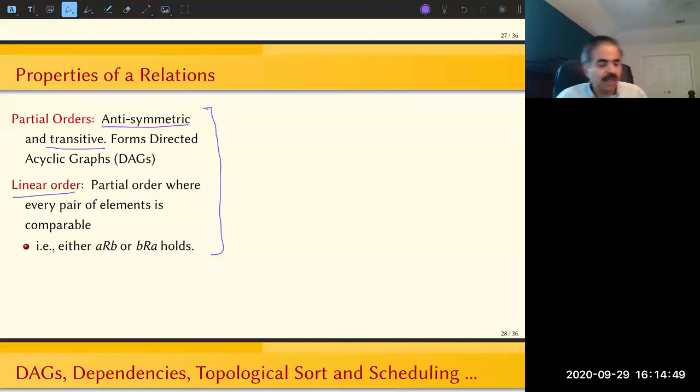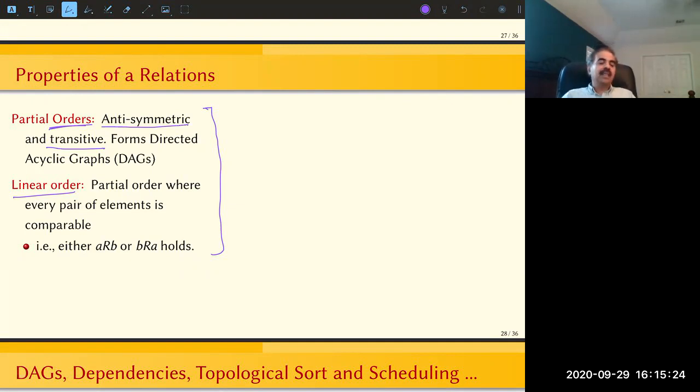So let's talk about linear order. The difference between a linear order and a partial order is that a partial order may not be defined between every pair of elements, whereas in a linear order, an ordering relationship holds for every pair of elements. The reason we use the word order is because these relations represent some kind of ordering.